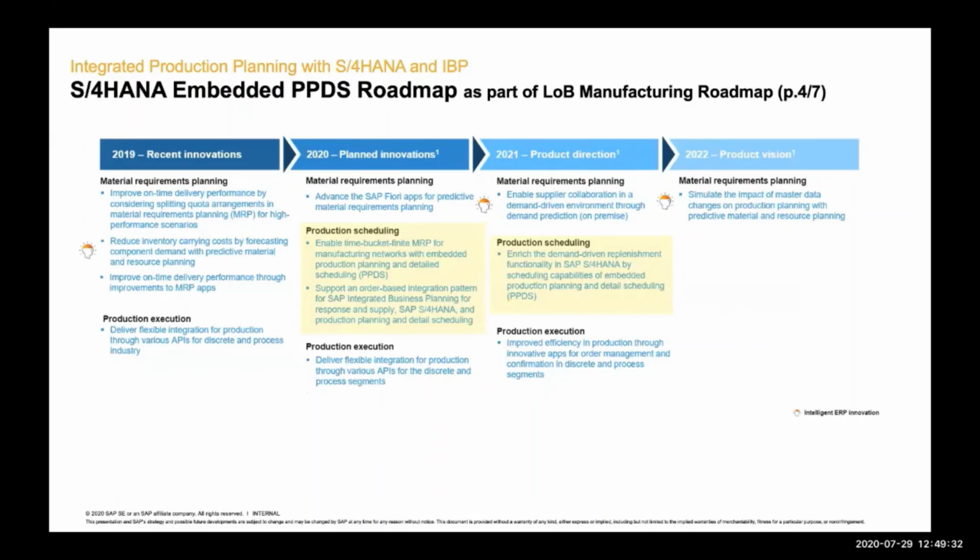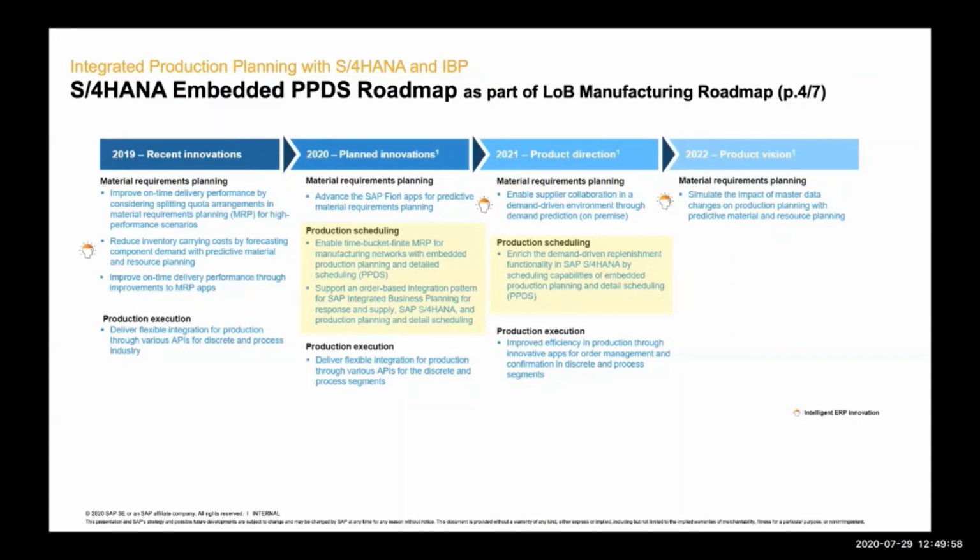This is going to provide capabilities for more complex environments like multi-level constraints. I can't go into detail today, but I wanted to make you aware that we do have an important delivery coming out in the upcoming S/4HANA release for PPDS, and I'm certainly happy to continue that discussion if you're interested. And then the second bullet there is the synchronized planning from the perspective of PPDS.